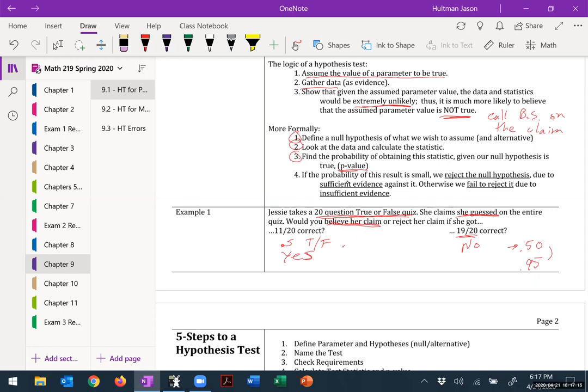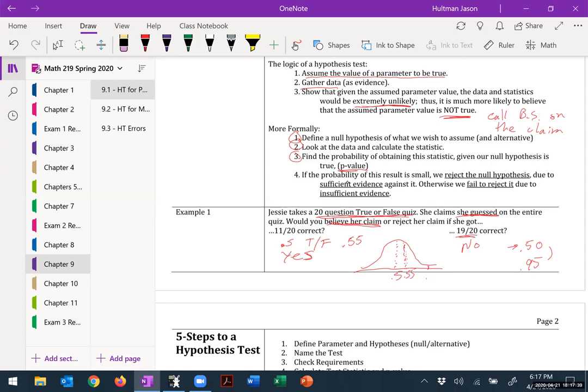Is that close? Yeah, that is close. If we were to look at a normal distribution, and the claim is that she got 50%, what's the probability that she got 0.55? Oh, it's not too far. What's the probability that she got 0.95?